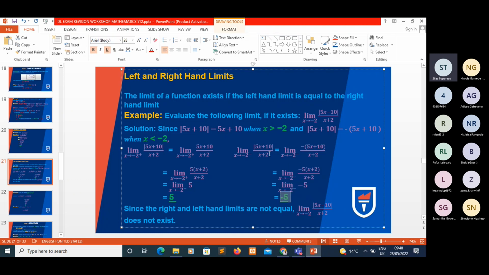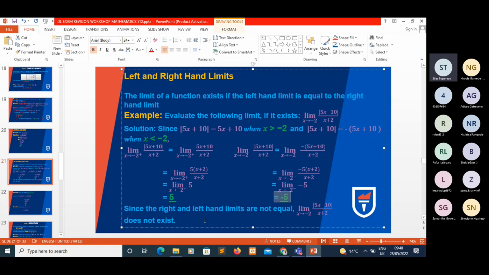So if you check here, this is a limit approaching from the negative side and the limit approaching from the positive side, but of the same expression. Once these are different, then you can conclude and say the limit does not exist within this expression, because the limit approaching from the negative side is not equal to the limit approaching from the positive side.